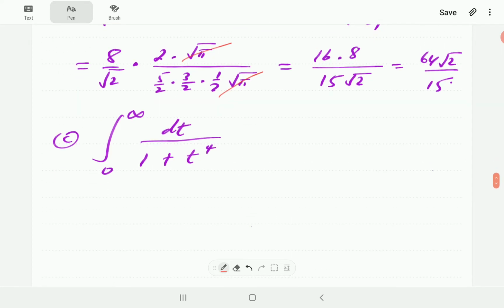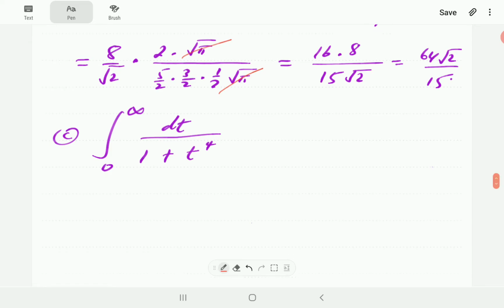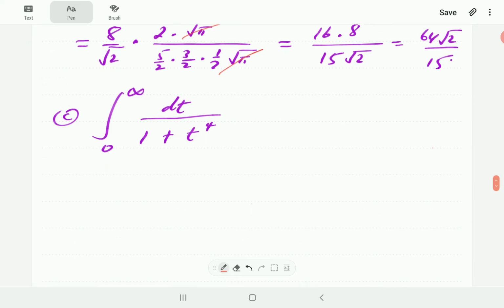All right. So in this number C, we're going to evaluate this using 3 methods. Some of them from first year calculus and others from complex analysis.